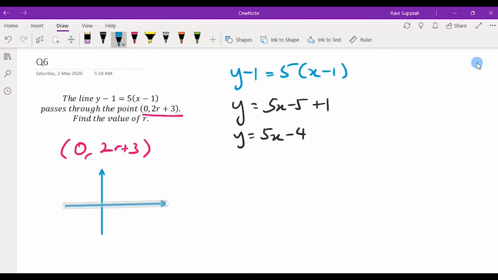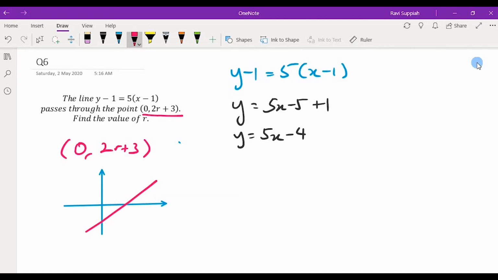When I draw this line here, and I say that this line passes through this point, that means this is an xy coordinate pair, and this is a solution for this line.